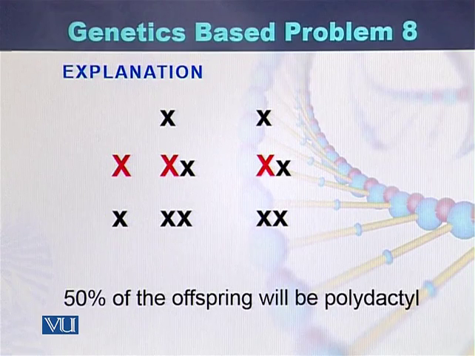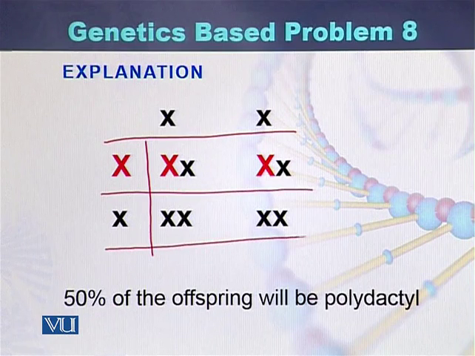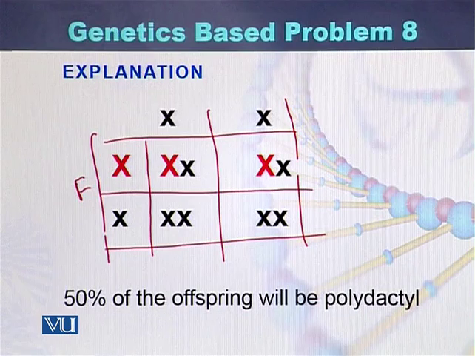Based on this information, we draw the Punnett square. In a Punnett square, each of the alleles is separated. These are the alleles of the father.